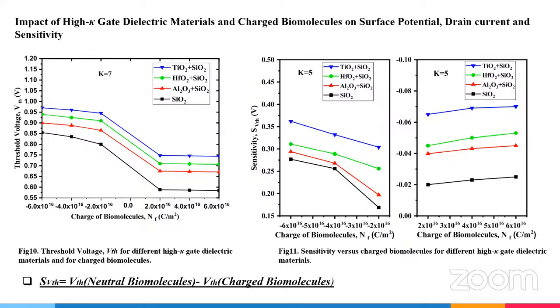But for negatively charged biomolecules, the changes are very good, and these are the sensitivity. For charged biomolecules, the formula used to calculate the sensitivity is the threshold voltage for neutral biomolecules minus the threshold voltage for charged biomolecules.